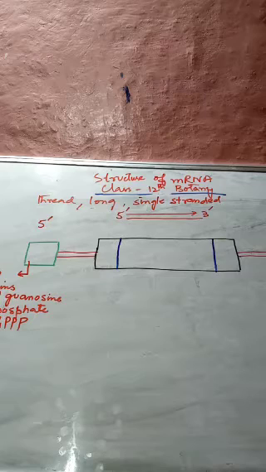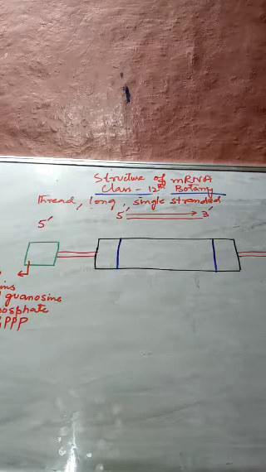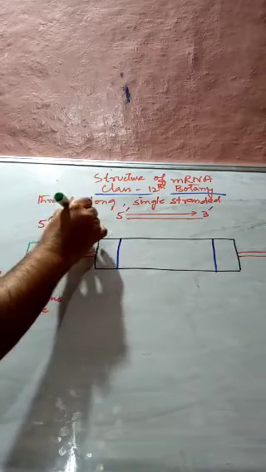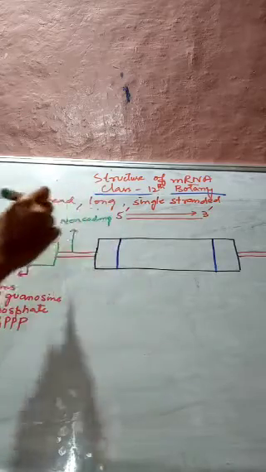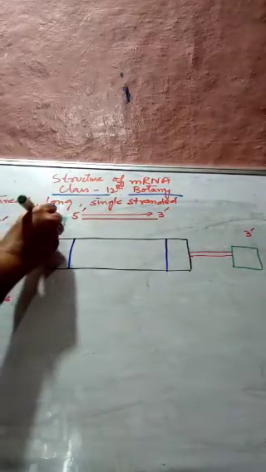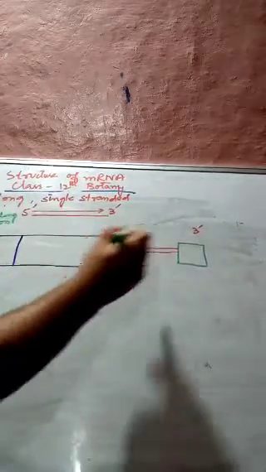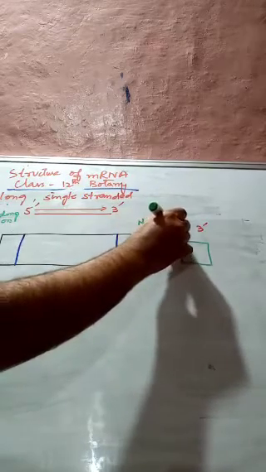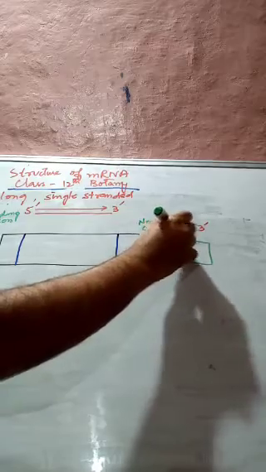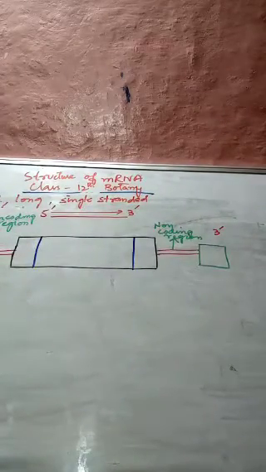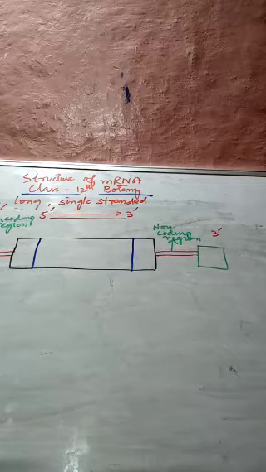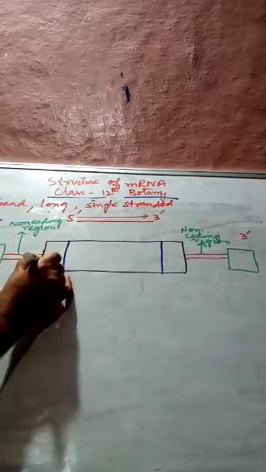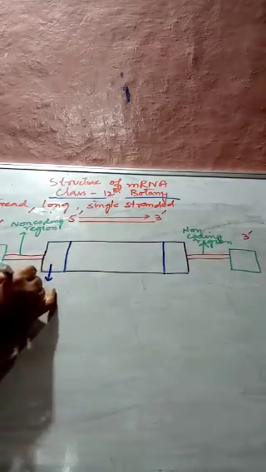Then after this we have the non-coding region, and again this region here is also a non-coding region. Now, this part is the initiation codon.